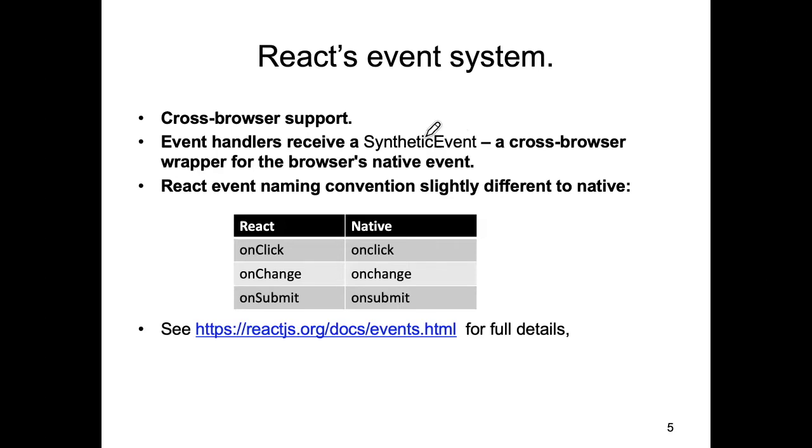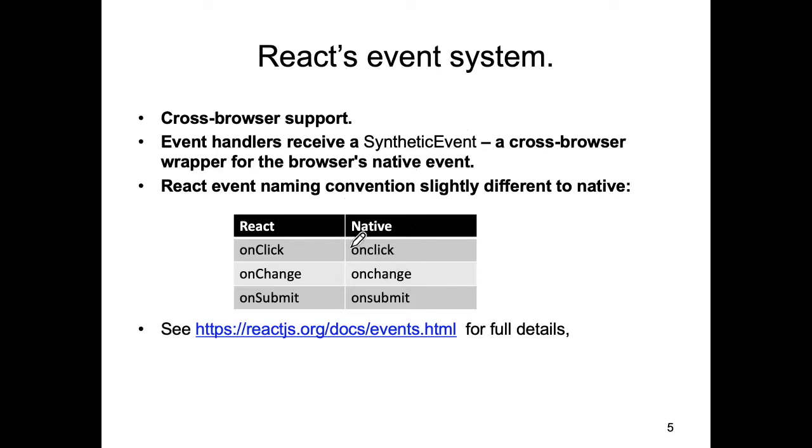Now, if you've done any browser-based event handling programming before you heard about React, which is probably unlikely, though some of you may have, then there's a slightly different naming convention for the native browser events and the React events.